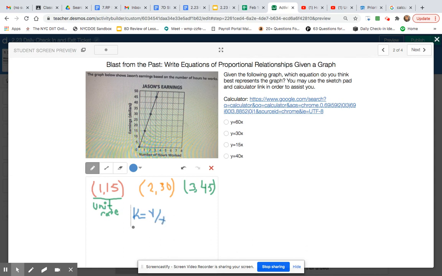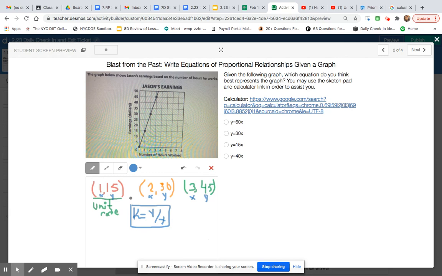So this is how we're going to find our k. In order to do that, what I will do is label each x and y coordinate, each x and y coordinate, right?